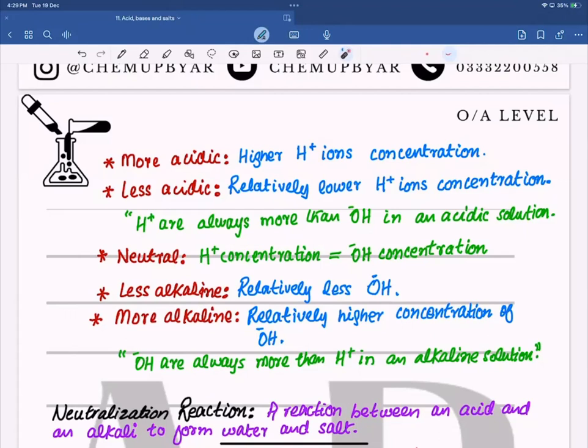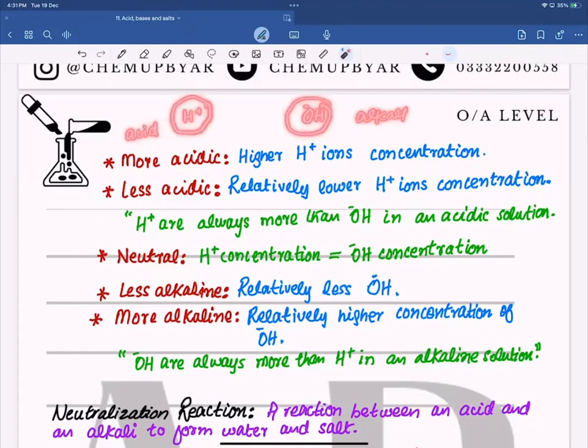Now, the next thing that we are going to discuss is the neutralization reaction. So what we know so far is that hydrogen ions are present in which substance? Acid, and hydroxide ions are present in alkali.